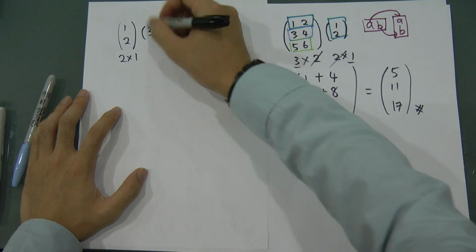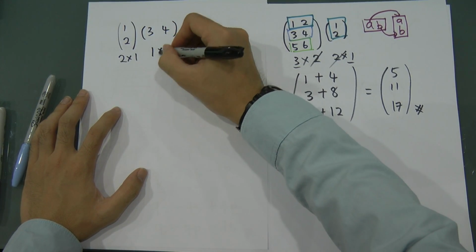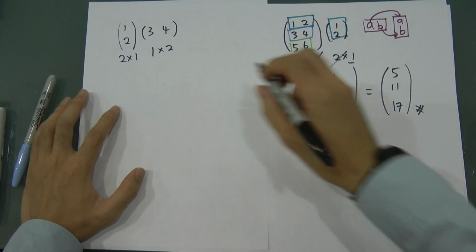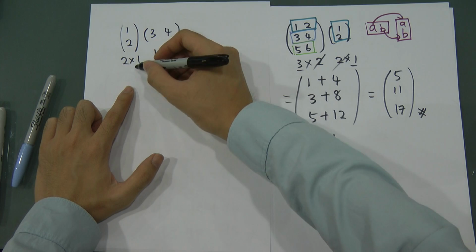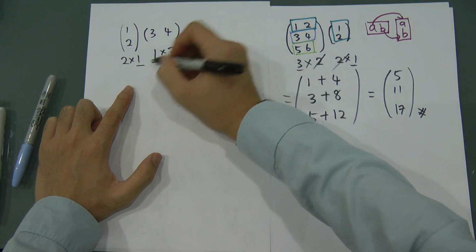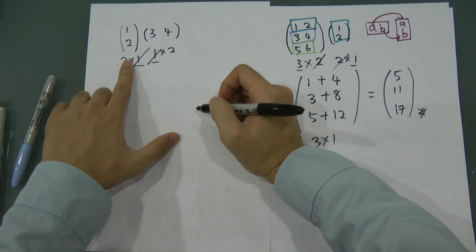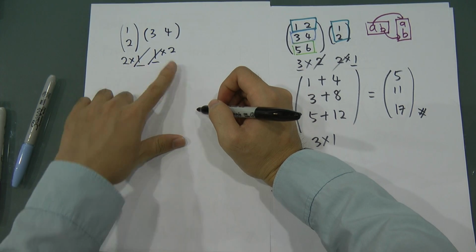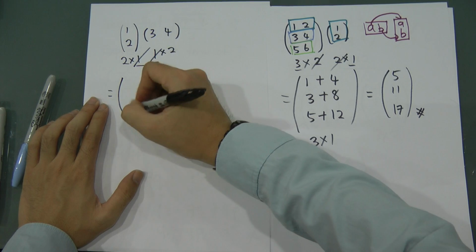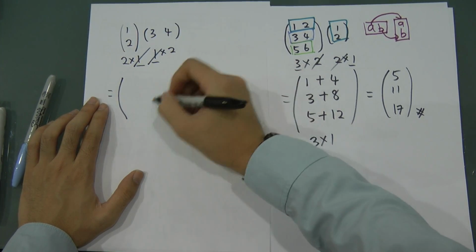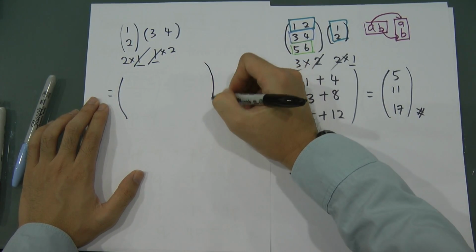This one is called 1 multiple 2, right? 1 multiple 2. So in order to start multiple, I have to make sure the middle order is the same. 1 and 1 is the same already, then I cancel out. Means my answer I will get 2 and 2. So my answer I will have 1, 2, 3, 4. Mean A, B, C, D.